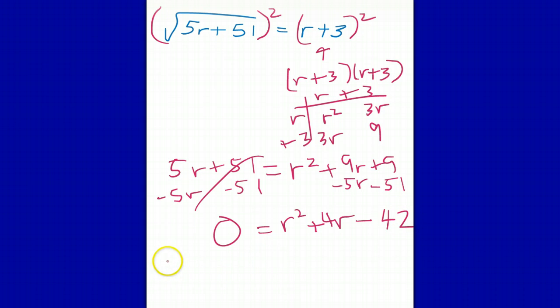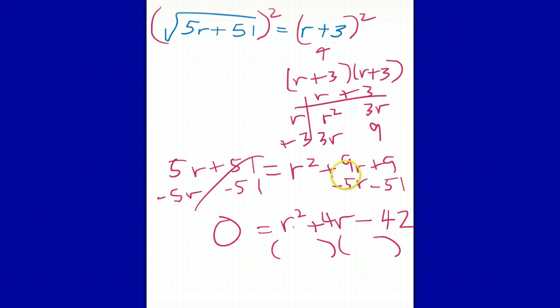Then I would factor that. Let's see, two factors that give me 42. 6 and 7 is 42. Let's try 6 and 7. Let's check this out. Hold on a second. Okay, I've got to edit this.